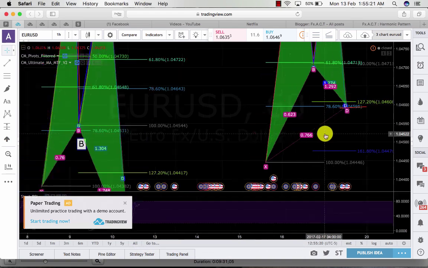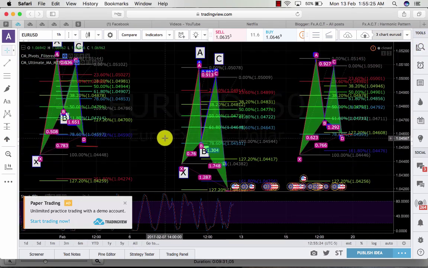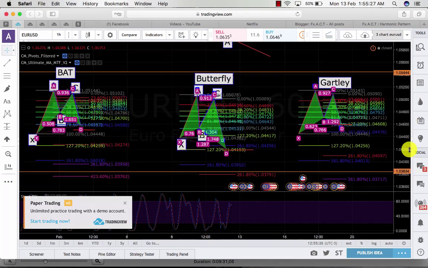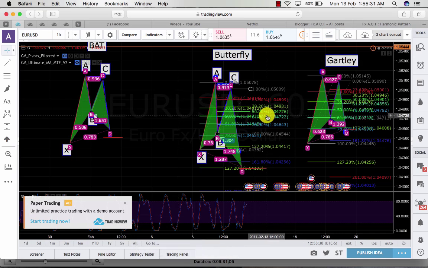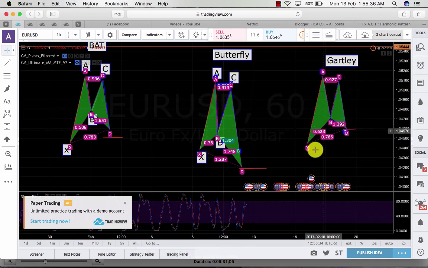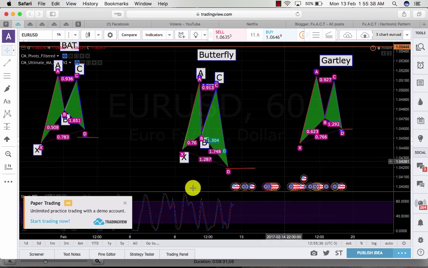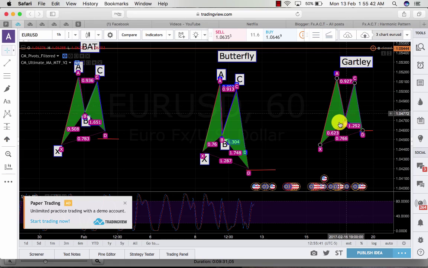There. So that's how we identify the pattern for it. Now if we remove the measurements, that's how you see. So that's the difference between them.